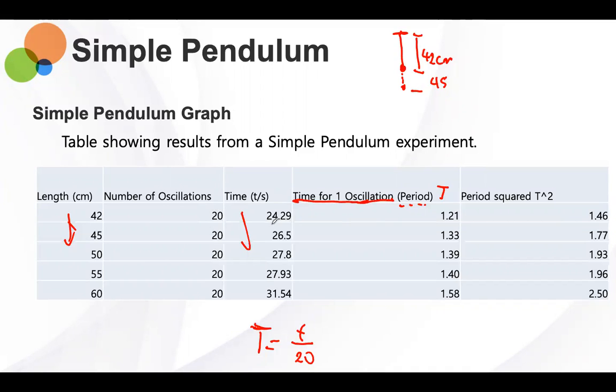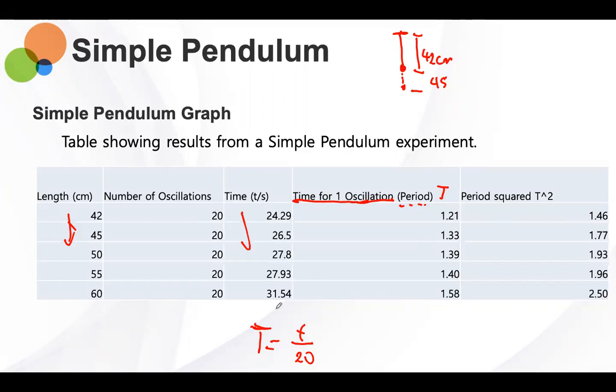So if you want to get the time that it takes to complete one oscillation, which would be our period, we have to divide the total amount of time by the number of oscillations that we did. Are we clear? Yes, sir. All right.